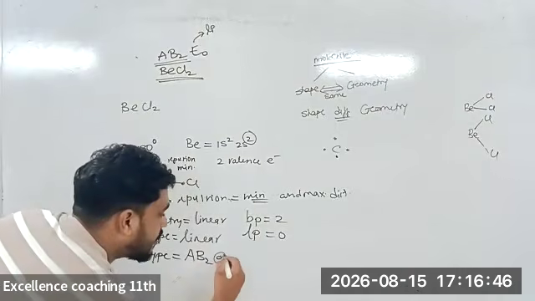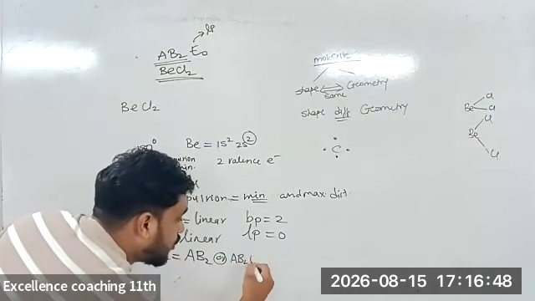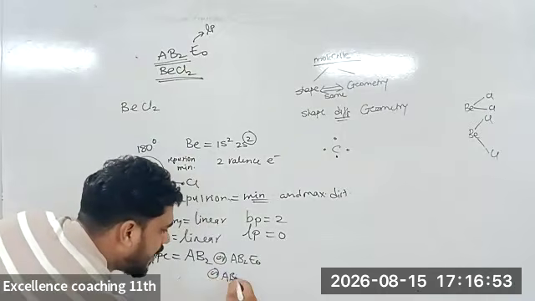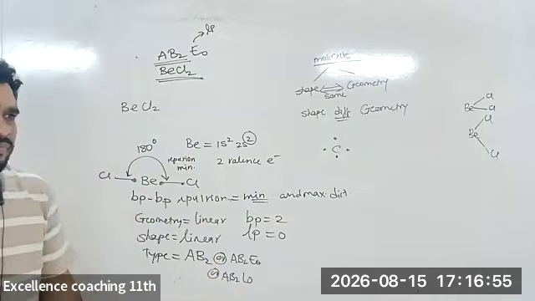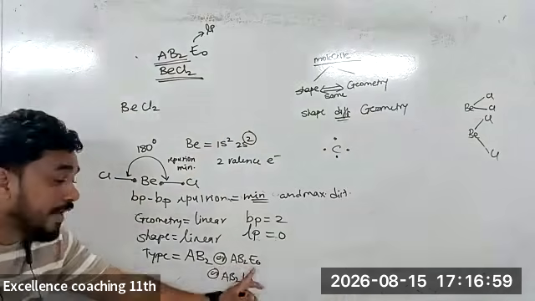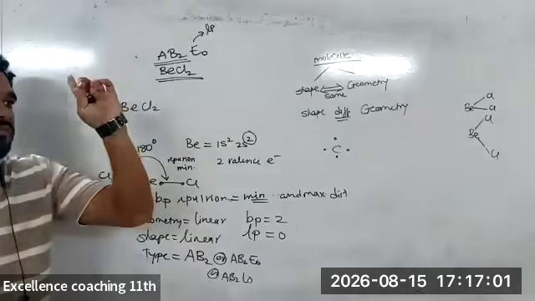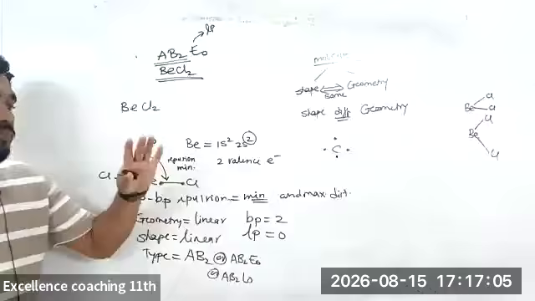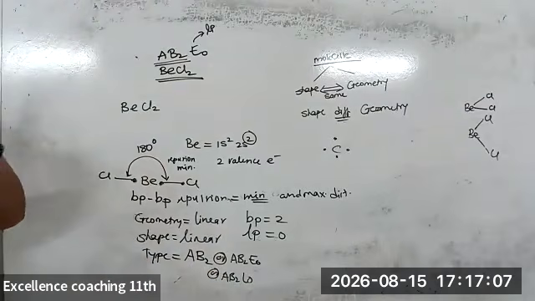Or we can also write it as AB2 L0. In some schools, L is also given. L means lone pair, E means lone pair. Or AB2, nothing written means lone pairs are 0. All 3 types. Understood?